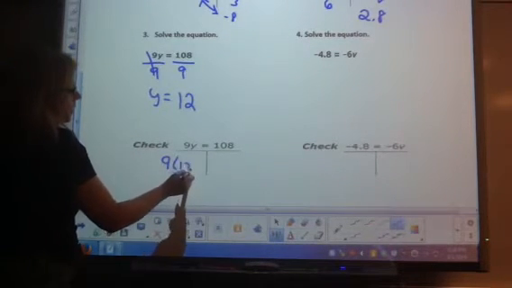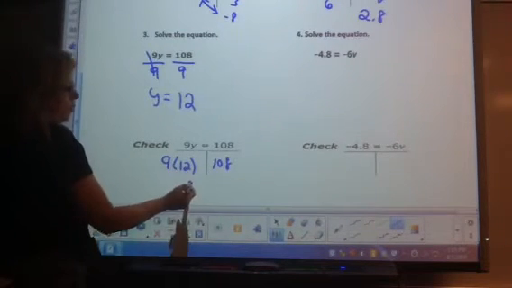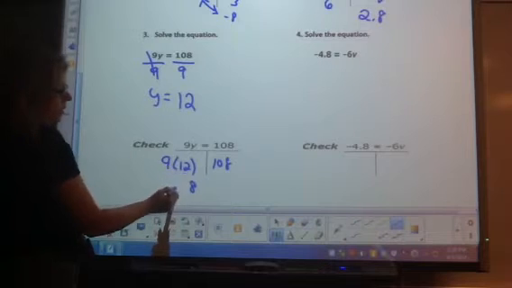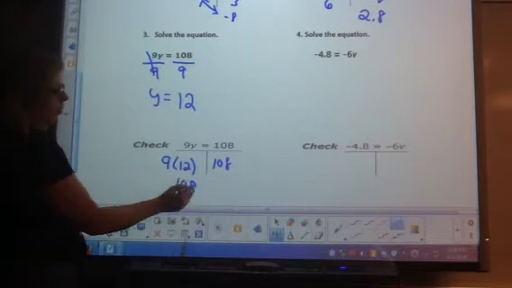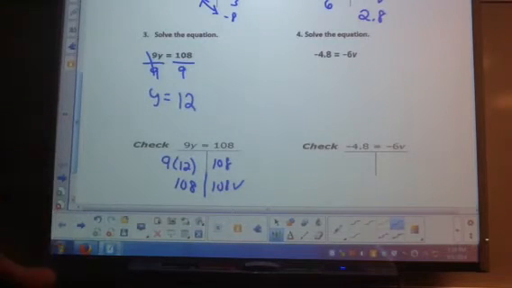Substitute 12 for y, do we get 108? Let's see, 9 times 2 is 18, 9 times 1 is 9, plus 1 is 10, so we get 108. Okay?